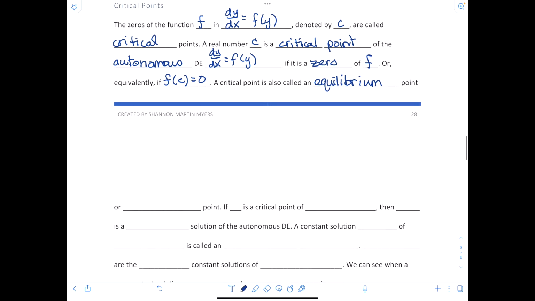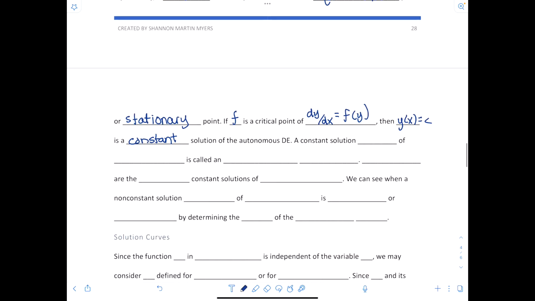A critical point is also called an equilibrium point, or stationary point. If c is a critical point of dy/dx equal to f of y, then y at x equal to c is a constant solution of the autonomous differential equation.